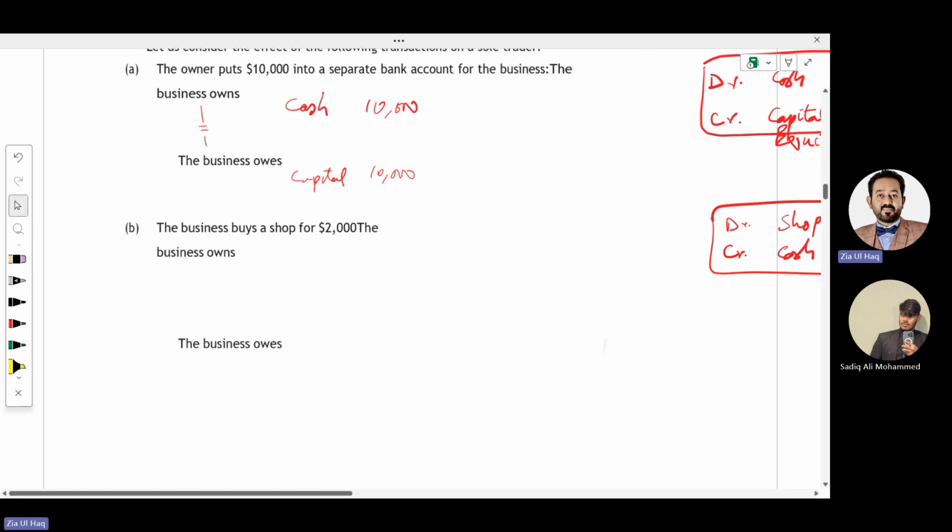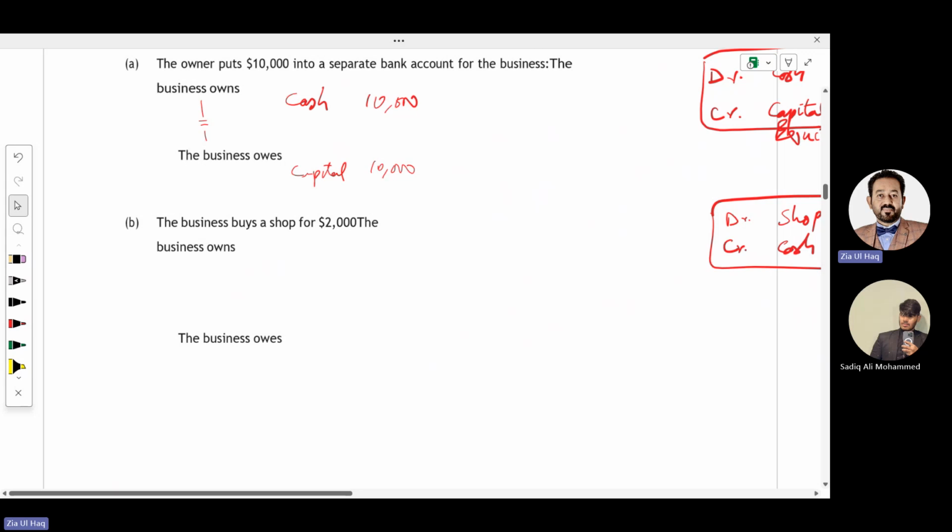Now moving towards the next transaction. The business buys a shop for 2,000, from this cash. This means what does the business own? Cash not 10,000 but 10,000 minus 2,000, so cash of 8,000, and a shop of 2,000.